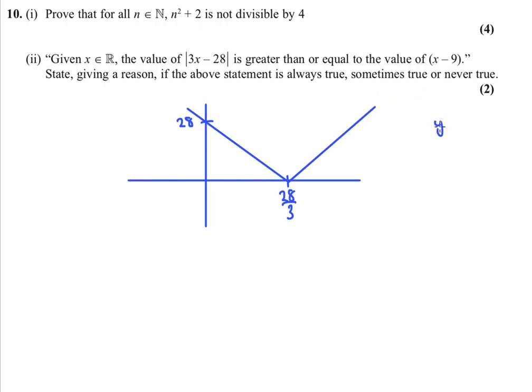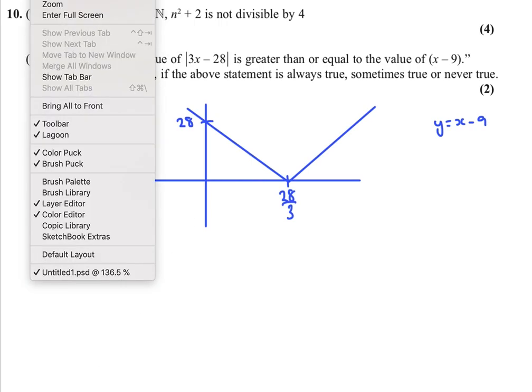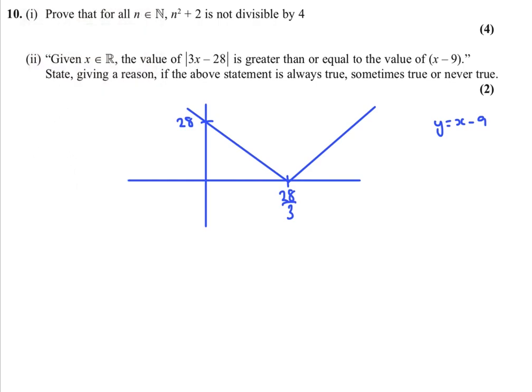The x minus 9 graph has got a gradient of 1 and intercepts the y-axis at negative 9. So that's going to look, if I use another colour, something like, well, we don't actually know for sure.